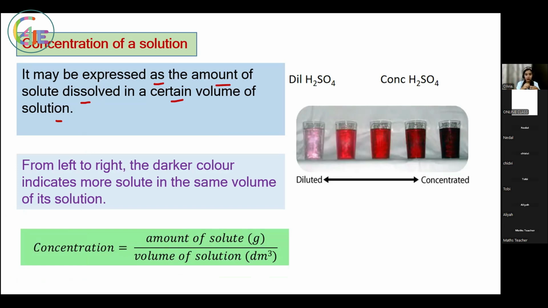Are you getting it? Solute is that solid thing that we're dissolving in the solvent. Solute plus solvent gives us solution. So the amount of solute in that solution is going to be known as the concentration of that solution.